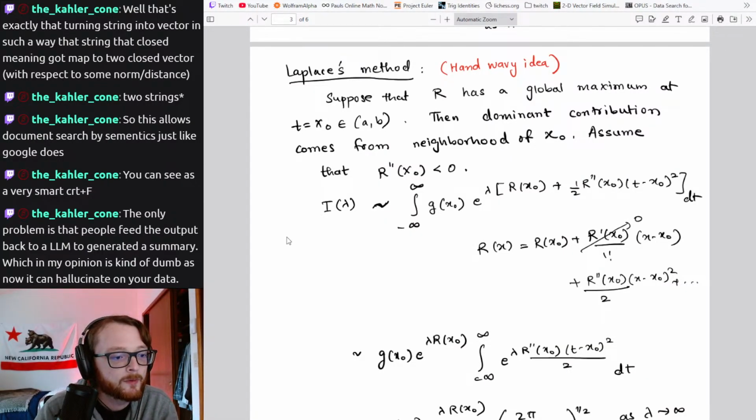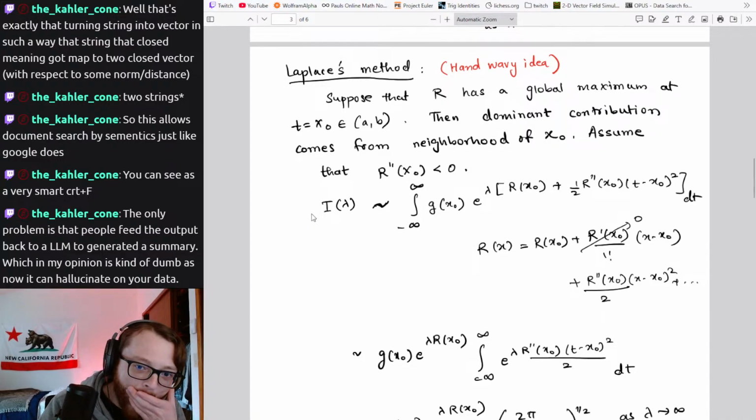The only problem is that people feed the output back to an LLM to generate a summary, which in my opinion is kind of dumb, as now it can hallucinate on your data.